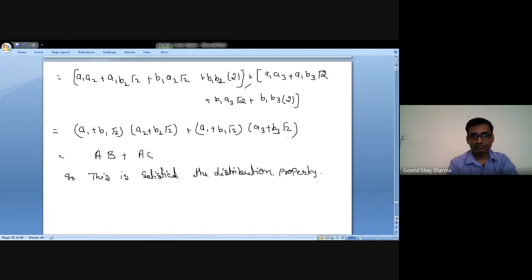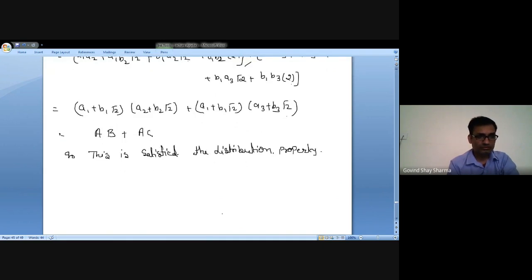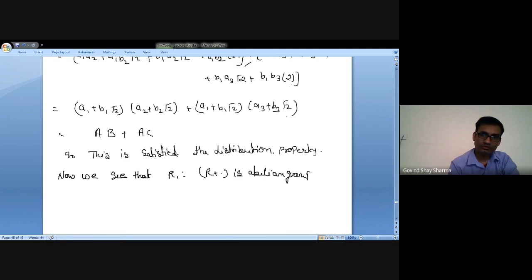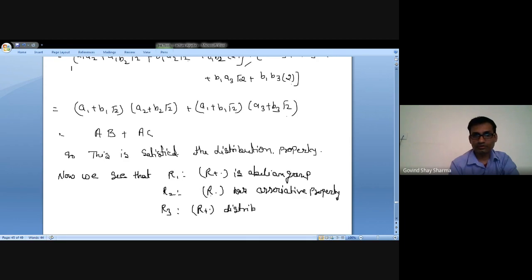Now we see that R plus dot is an abelian group, R dot has the associative property, and R plus dot has distribution.